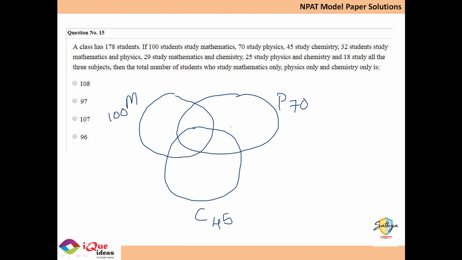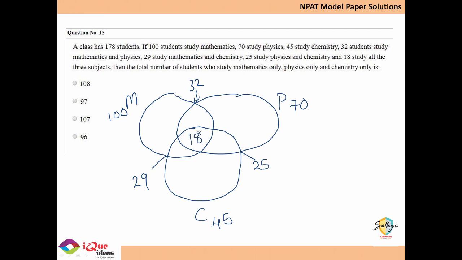Now 32 students study maths and physics. So this total here is 32. 29 are math and chemistry. So this 29 and 25 study physics and chemistry. So 25. And 18 study all 3. So all 3 is 18.